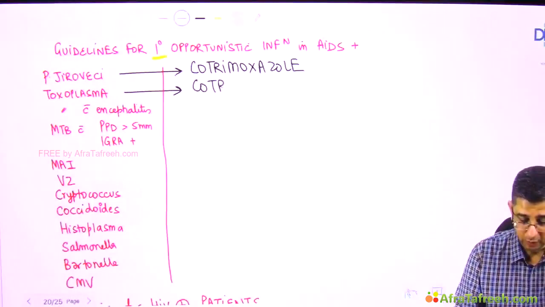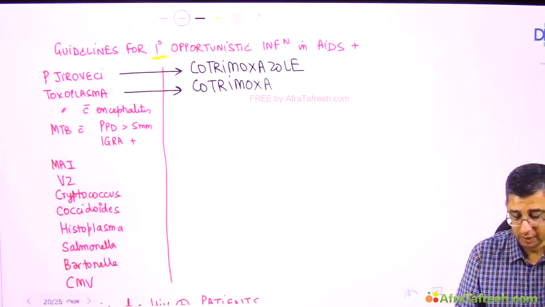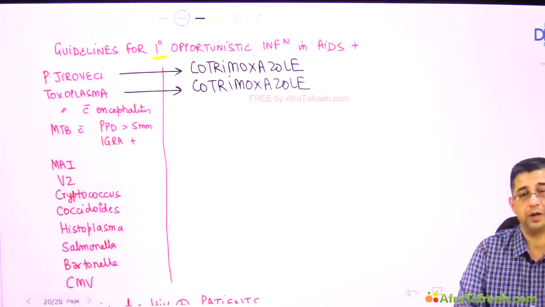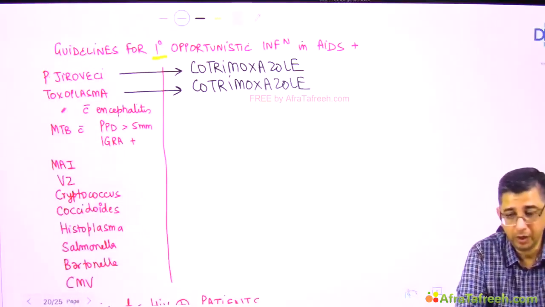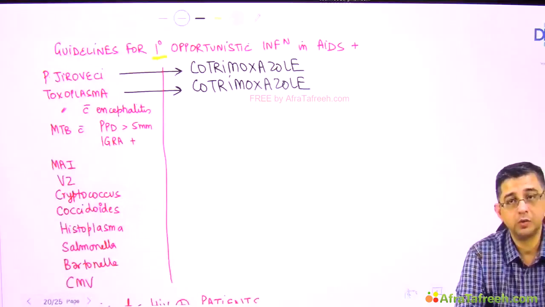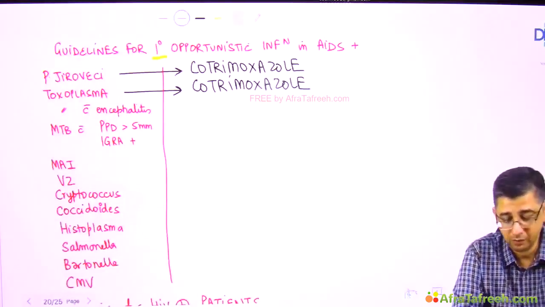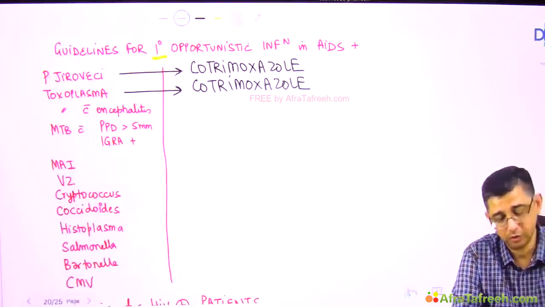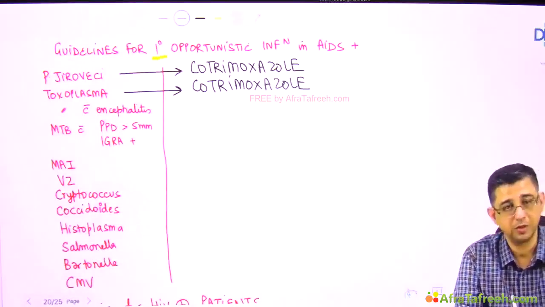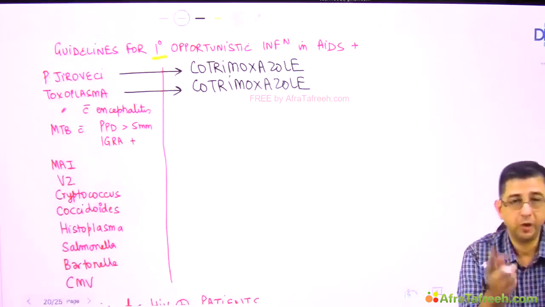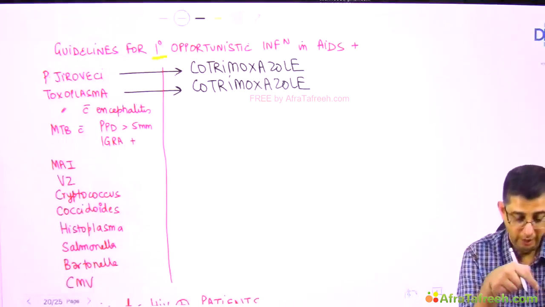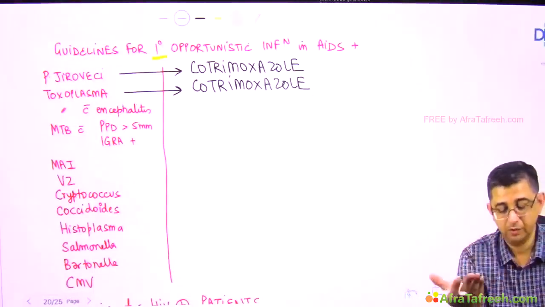If asked what is the best way to prevent cerebral toxoplasmosis in an individual, it is cotrimoxazole, again a double strength tablet. In fact, I would like to make a reference here to the fact that cotrimoxazole is answered 3 times in HIV. One, it is the drug of choice for jirovecii. It is also used for prophylaxis of toxoplasma. In jirovecii, it is both for treatment as well as for prevention. In toxoplasmosis, it is used mainly for prevention.